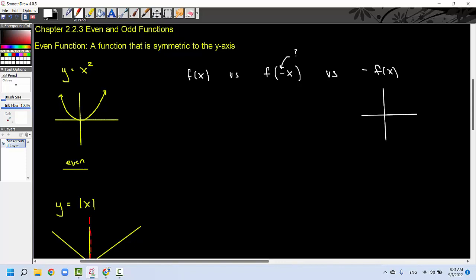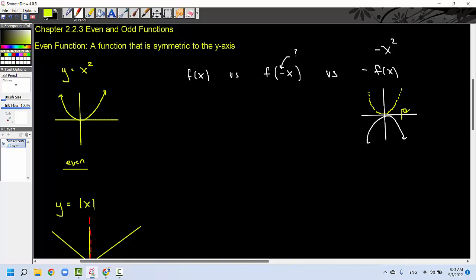So in the case of negative x squared, the parabola would no longer be facing upwards, it would be facing downwards. And what effectively happened was the original parabola that was facing upwards like this, I'll go ahead and just dot him out like that, was rotated and flipped across the x-axis that way.